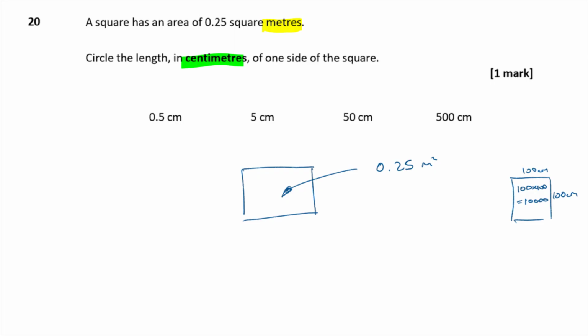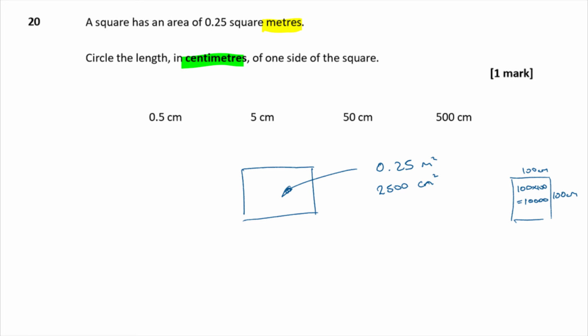100 times 100. Okay, so if I times 0.25 by 10,000, that tells me that I've got 2,500 centimeters squared inside my little square.